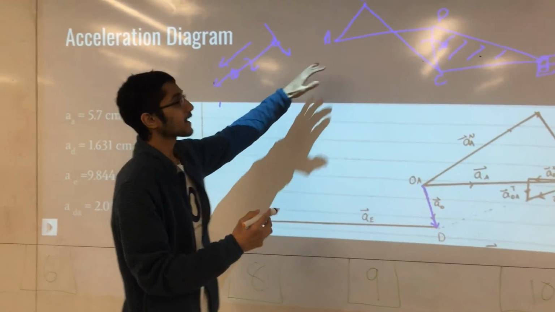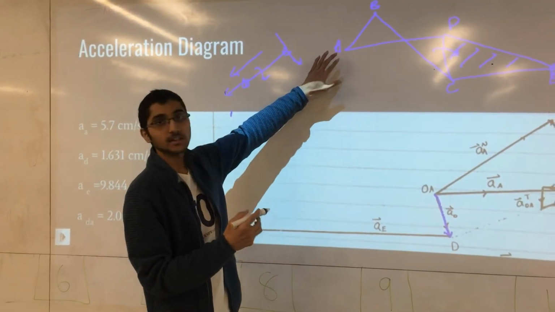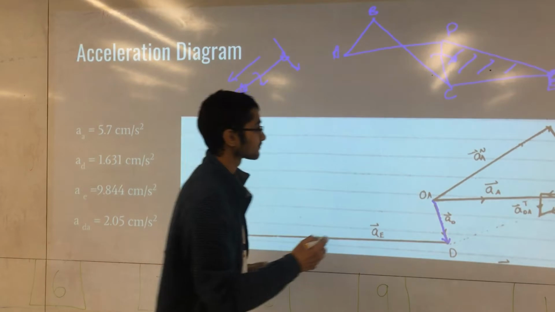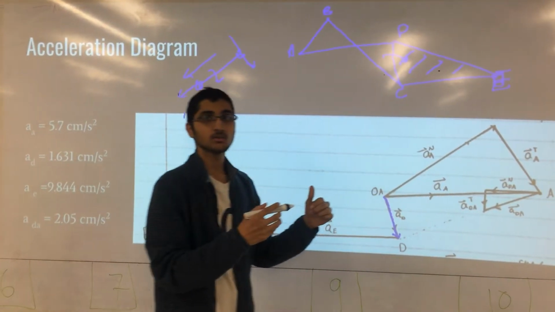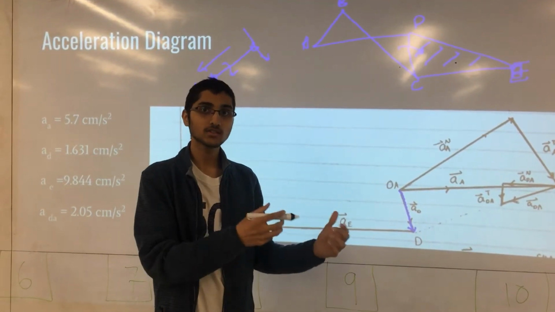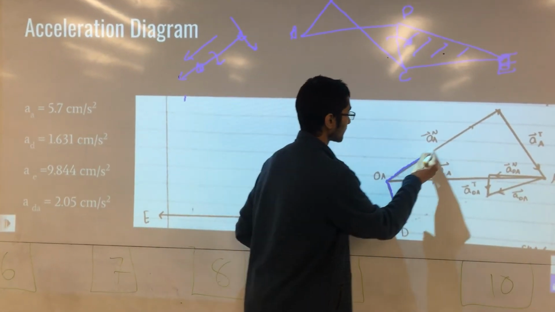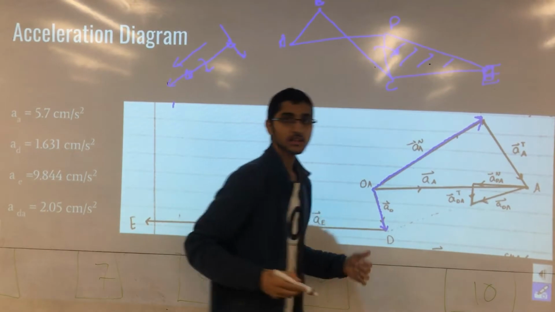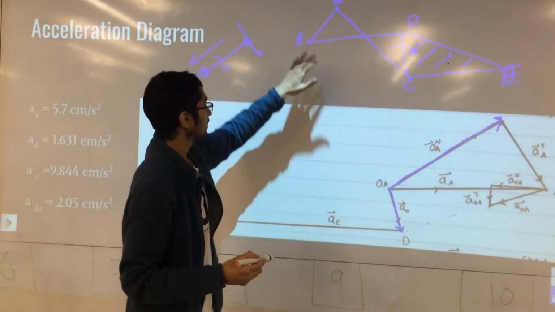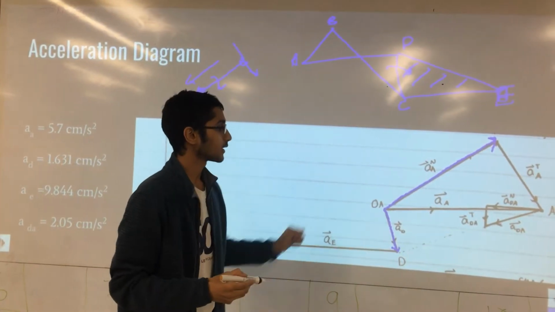Next, we find the next point, which is connected to ground, and that's point A. However, we don't know for a fact that it has or has not a constant angular velocity, so we have to draw an acceleration in the direction of link AB, starting at OA.